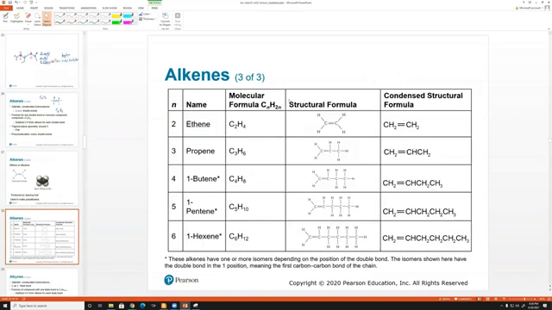And then we can name different alkenes. So with alkanes, we start off with the ANE. Now we make the ENE with alkenes. So we have the same name, same exact thing. We have ethene, propene, 1-butene, 1-pentene, 1-hexene, etc. The reason why there's asterisks next to butane and pentane and heptane and hexane is because we now add this 1 in front of it. That 1 is exactly what it sounds like, positioning.